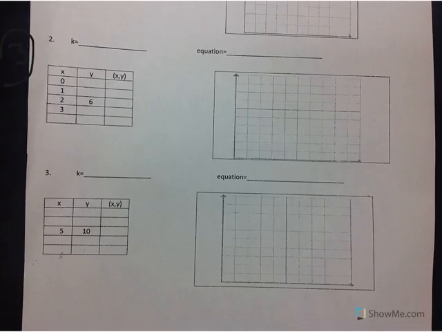Okay, from the table you can see that I'm missing some values for x and y, but I do have two values there. So those two values are going to be very, very important to me because that's going to help me with the equation on this problem. So from the two values, I'm going to start with y equals k times x.